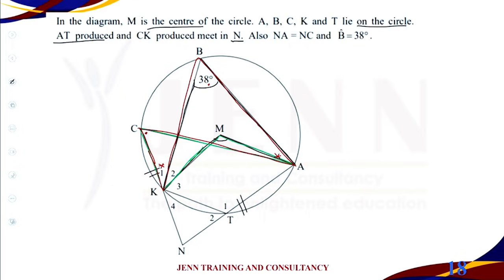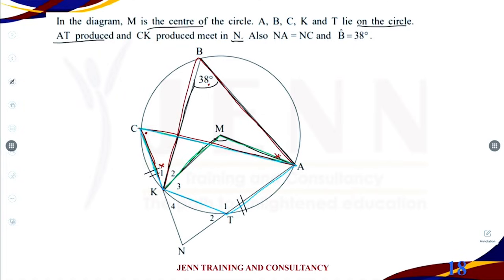Now, even though it was not mentioned in the statement, I can also see that I have a cyclic quadrilateral: C, K, C, A. It's a cyclic quadrilateral. Why? Because all vertices are on the circumference.